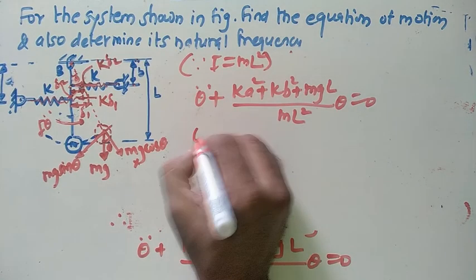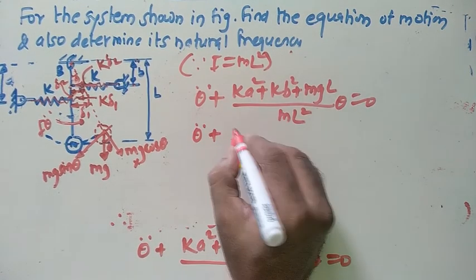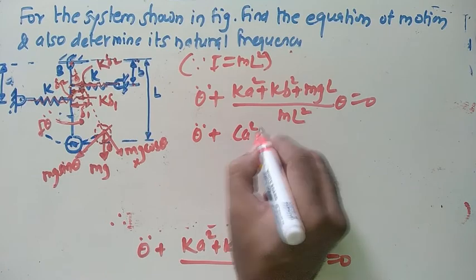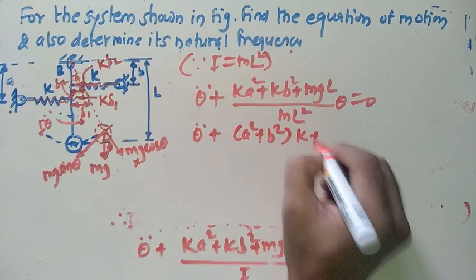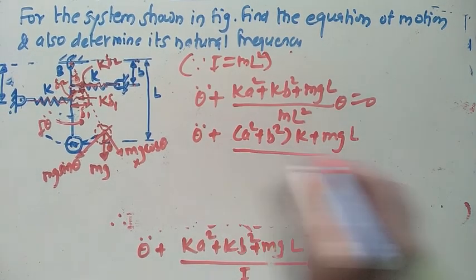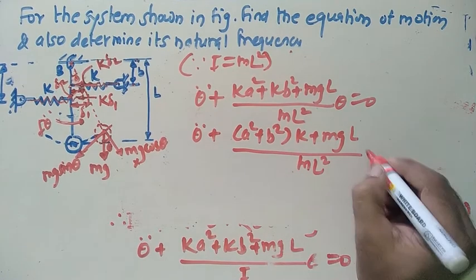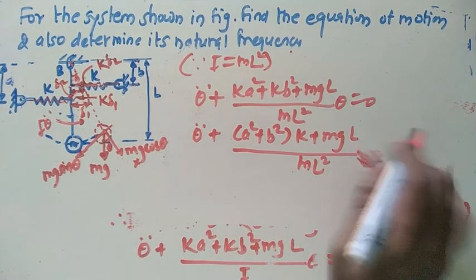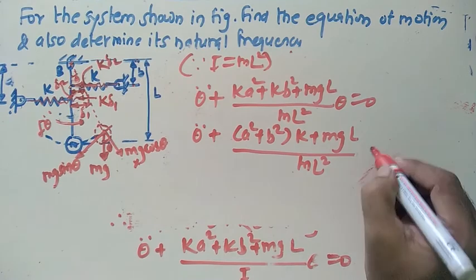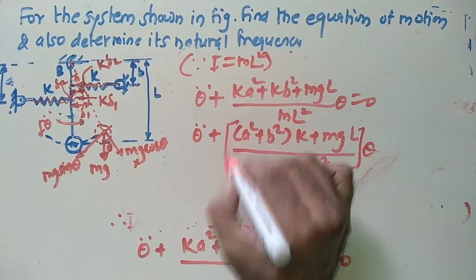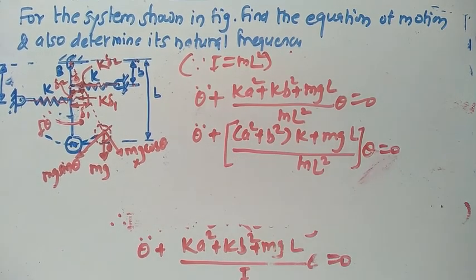Again we can write this in this way: (a square plus b square) into k plus mgL, divided by m l square, multiplied by theta, equals to 0.